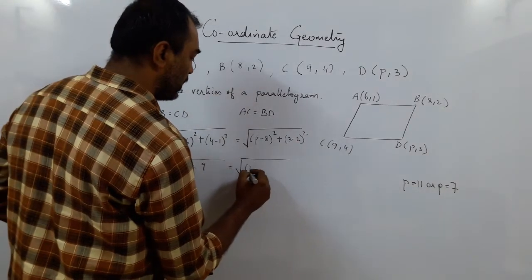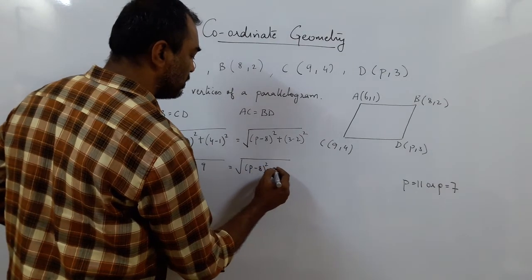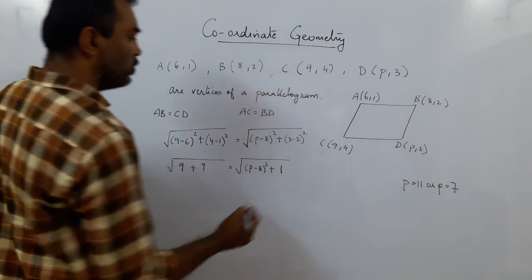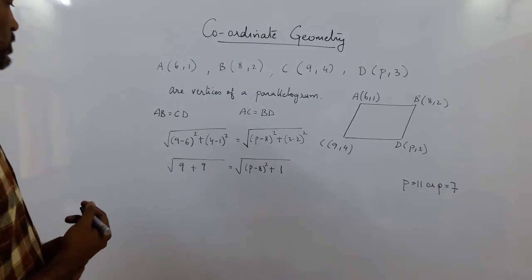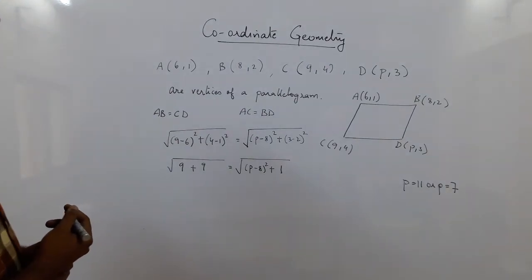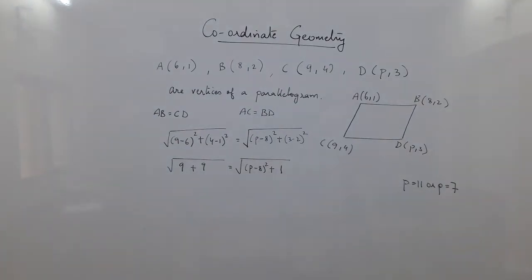Again I keep the P minus 8 as it is. 3 minus 2 is 1, 1 square is 1. Yes? So this is what we are getting.